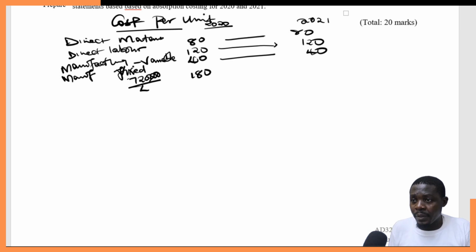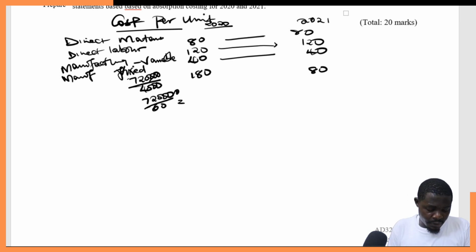If you divide by 4,000 units produced. And if we divide 720 by 6 for 2021, we have 120.